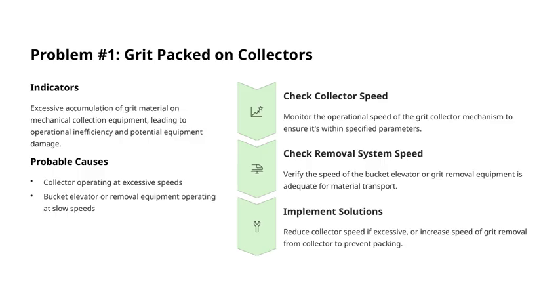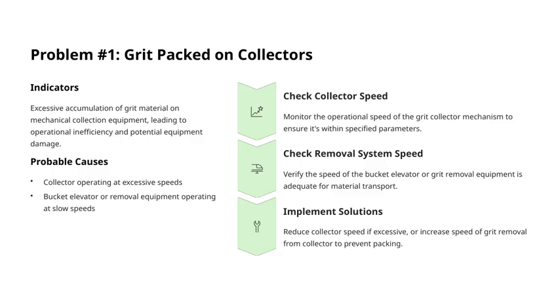So the key here is to check the collector speed. We want to monitor and ensure that the collector's operational speed stays within the recommended parameters. Similarly, we need to verify that the speed of the removal system, like the bucket elevator, is adequate for transporting the grit effectively. And what can we do to solve this? If we find the collector is going too fast, reducing its speed can help prevent packing.